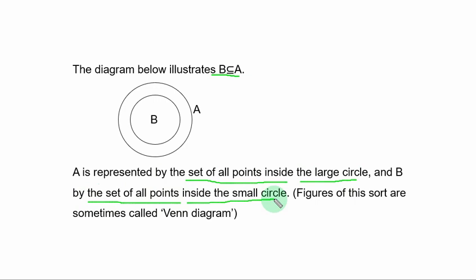All the elements of set B are contained in set A, and as such, B is a subset of A. Figures of this sort are sometimes called Venn diagram. We have that in our subsequent lessons.